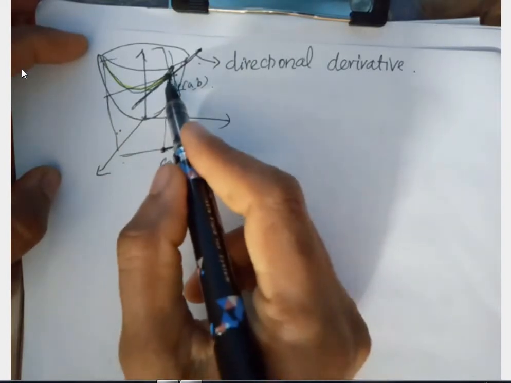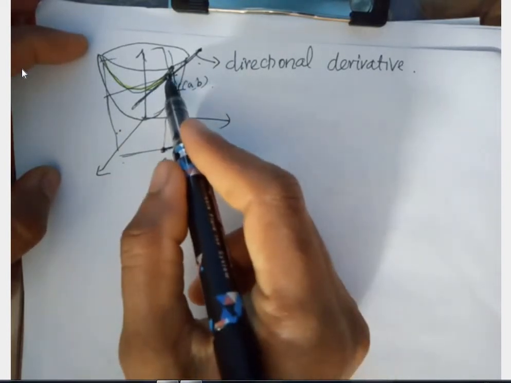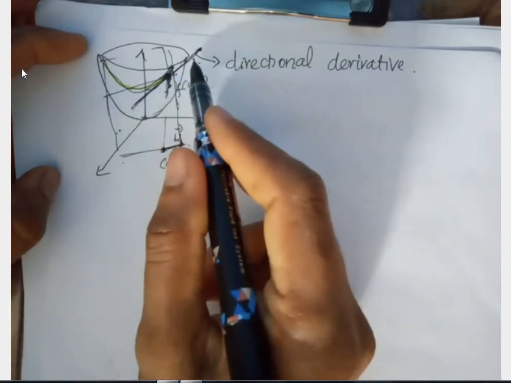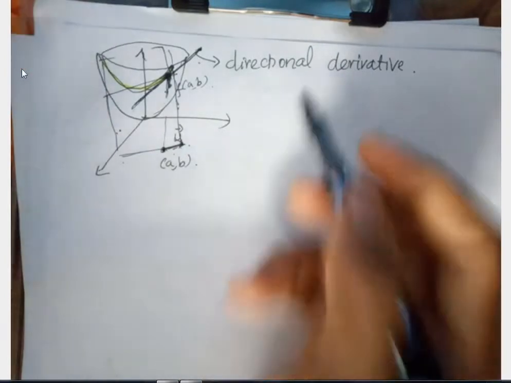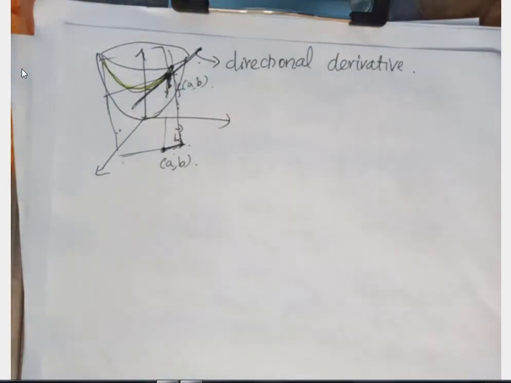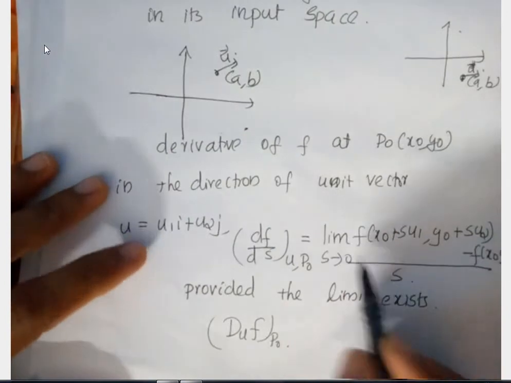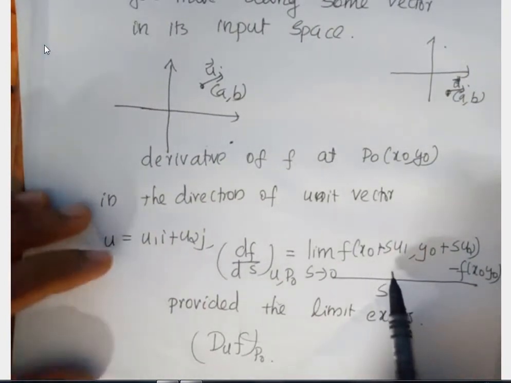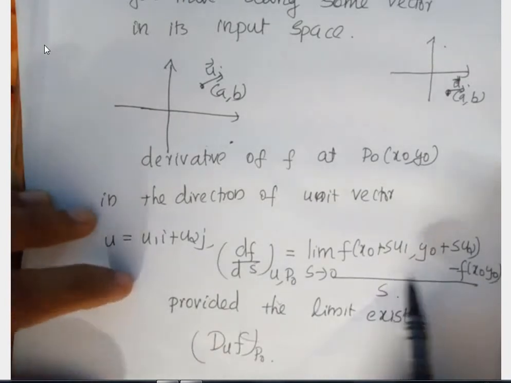This is the image of the point (a, b). At this point, draw the tangent line, and its slope is what we define as the directional derivative. This is the theoretical definition.